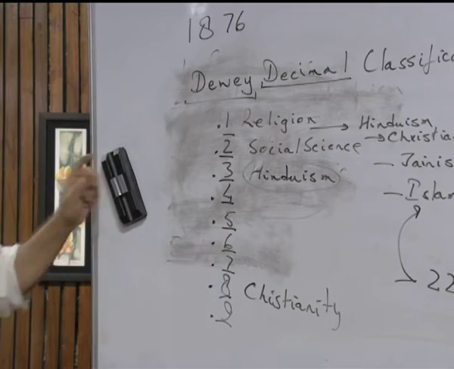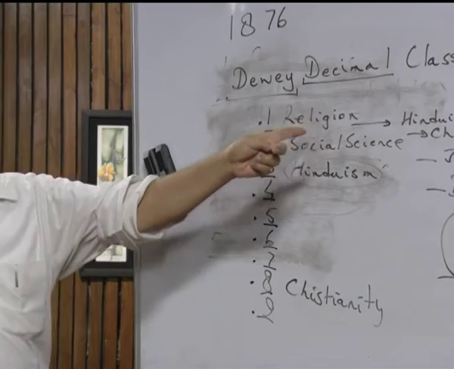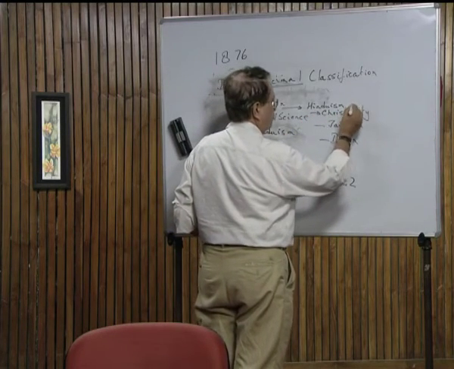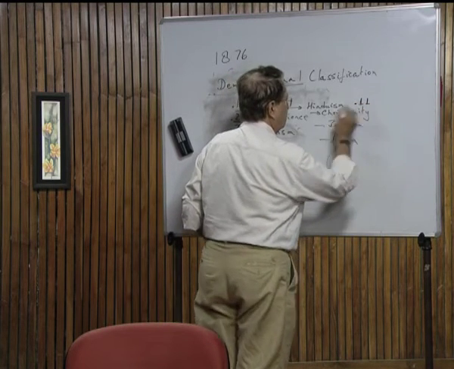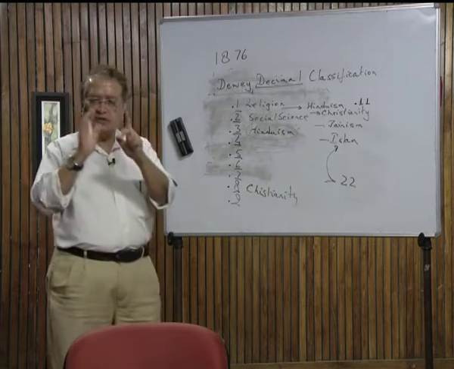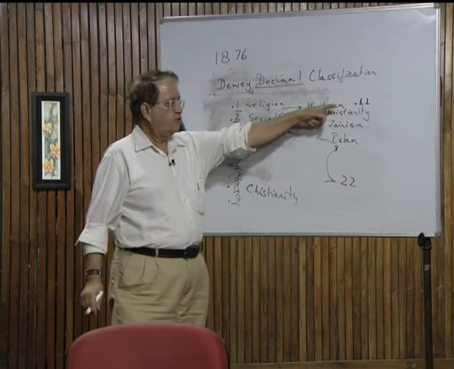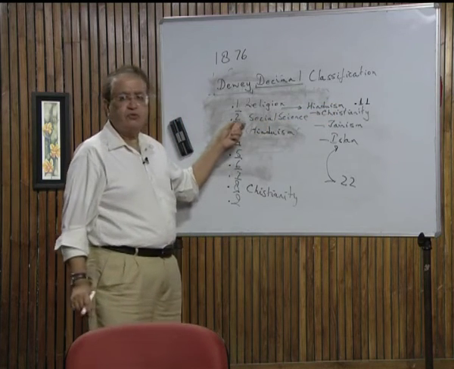What does this mean? You have given the symbol 0.1 to religion. When you got a book on Hinduism and you had no number available, you can give it 0.11. Now, we all know how decimal numbers are arranged. 0.1 will come before 0.11 and 0.11 will come before 0.2.